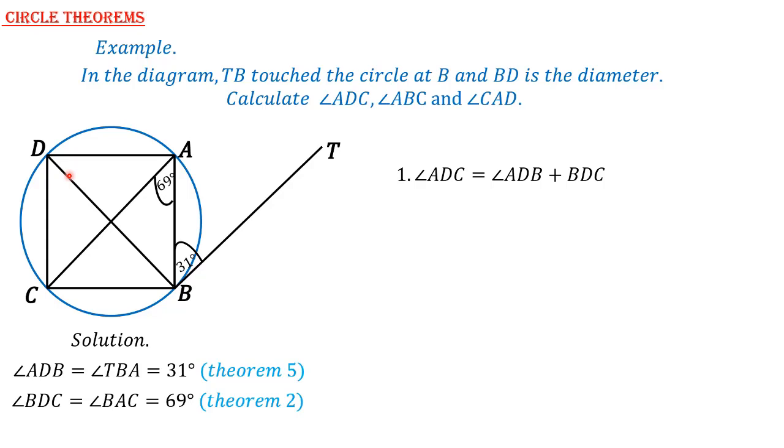So ADC is angle ADB plus angle BDC. So we are talking of this angle. If we sum up here, our angle ADC is 100 degrees. That's good.